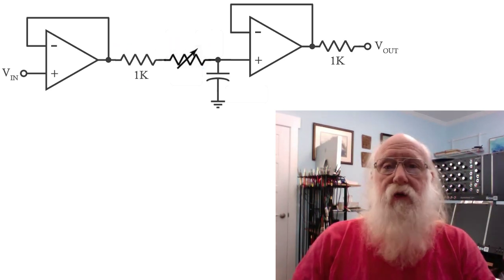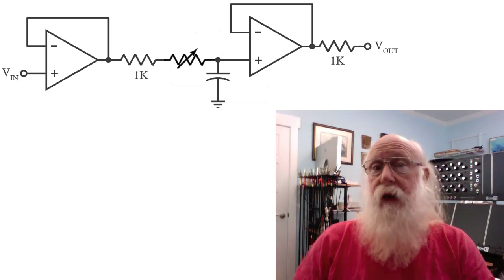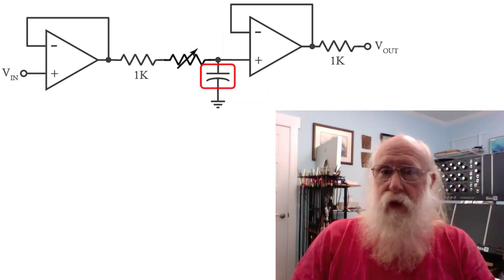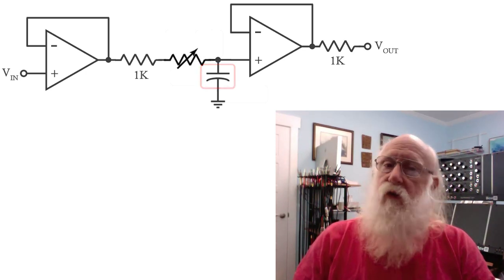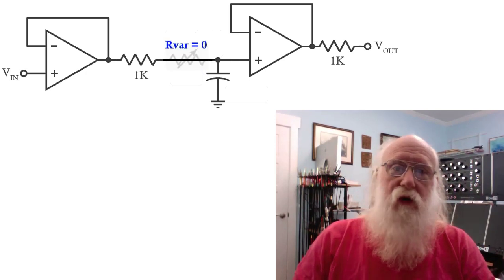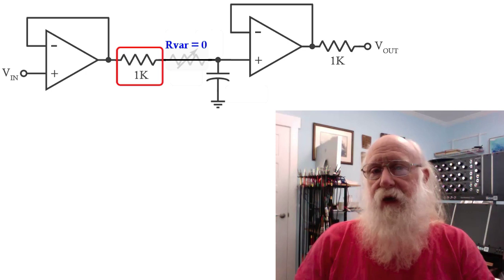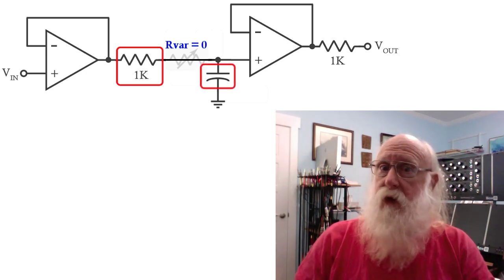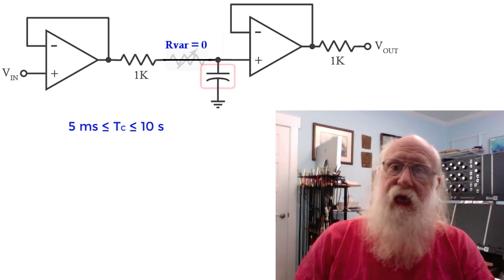Now that we've got those two fixed resistors set, let's consider what that capacitor needs to be. For the maximum slew rate, the fastest one, your variable resistor will be set to zero, so your RC circuit simply consists of that 1K fixed resistor and whatever that capacitor is. We said in the previous video that we want the time constant to range from 5 milliseconds to 10 seconds.